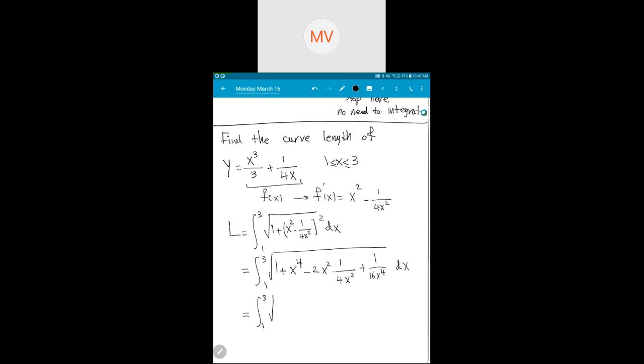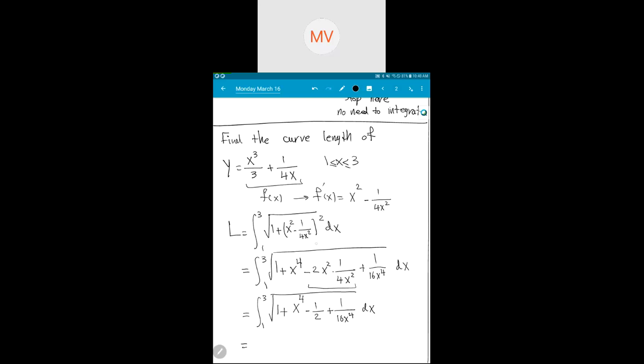Let me simplify. I'm not going to combine the like terms, the 1 with the number that I'm going to get in the middle, because that will help you to simplify the next step. So the middle term becomes, as you can see, x squared and x squared cancel out, so we get negative half, plus 1 over 16 x to the 4th, dx.